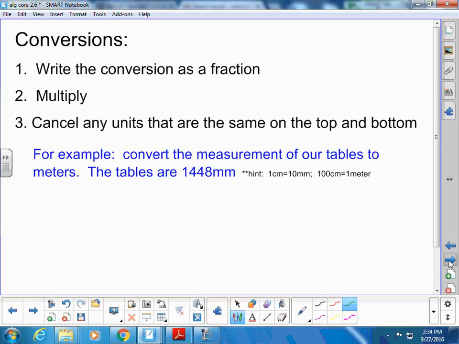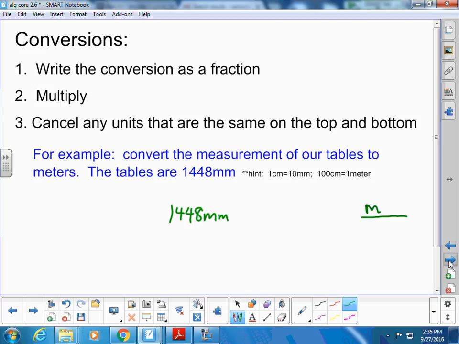For example, convert the measurements of our tables to meters. If you look at our tables, they are actually 1,448 millimeters. And I want to go all the way over here to where I can get it in meters, right?